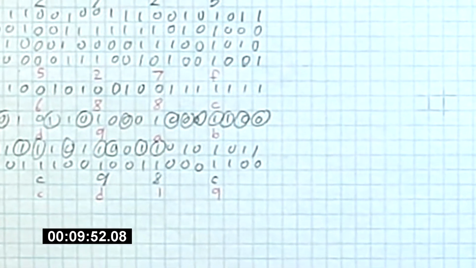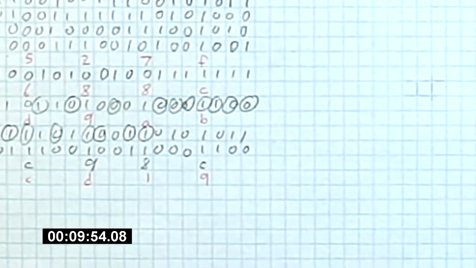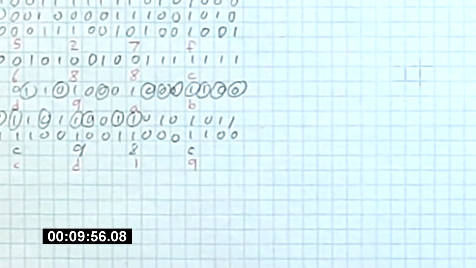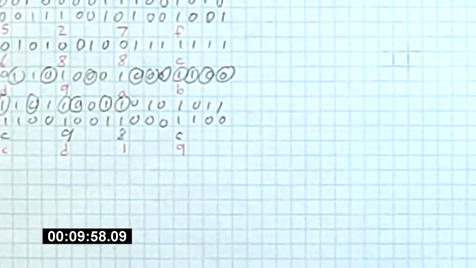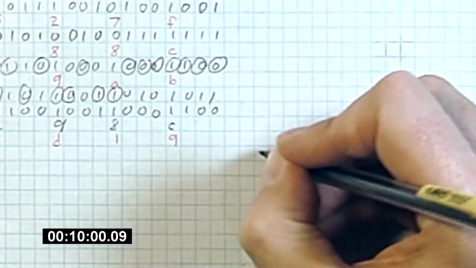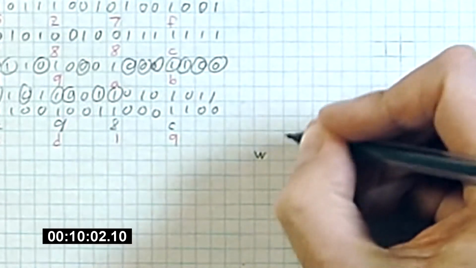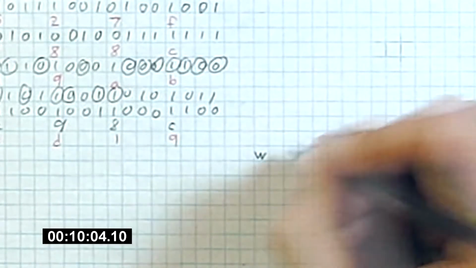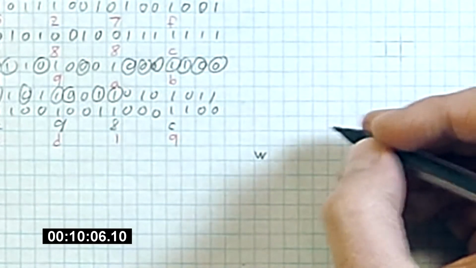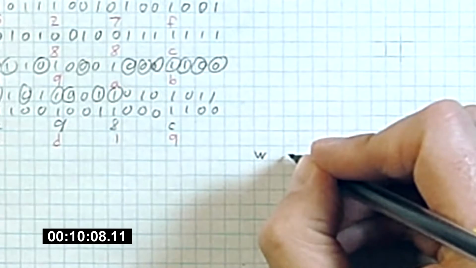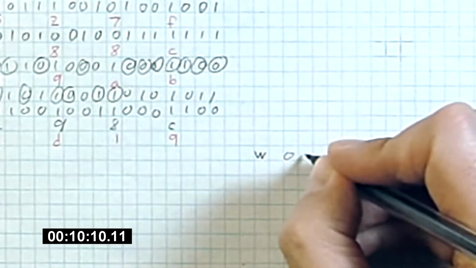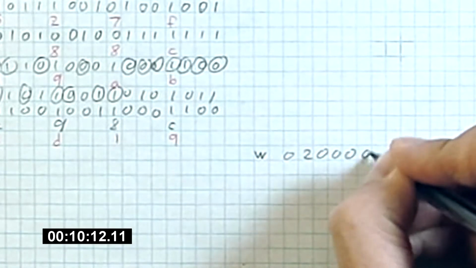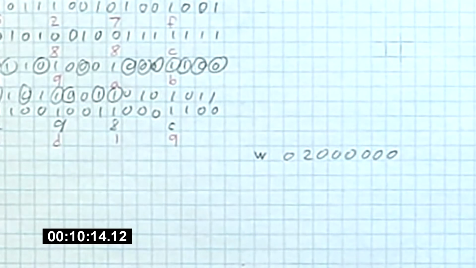Now, the next step is to combine all this data to make our first sum. So we go over here, we're going to start with W, which is our input. So this is actually the first place that our input data is actually going into the hash. 0, 2, 0, 0, 0, 0, 0, 0. This actually indicates our data block is version 2.